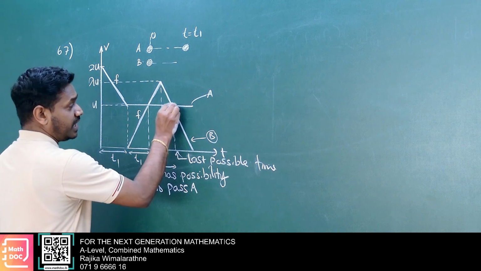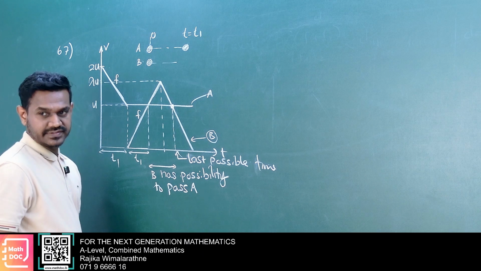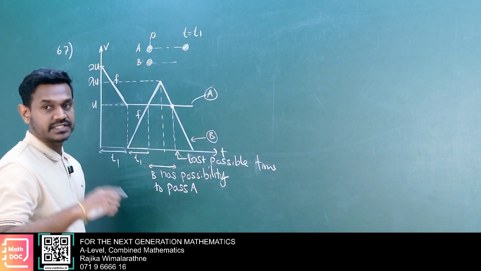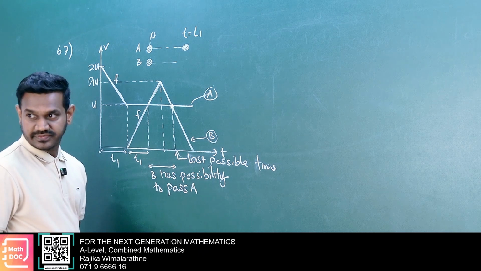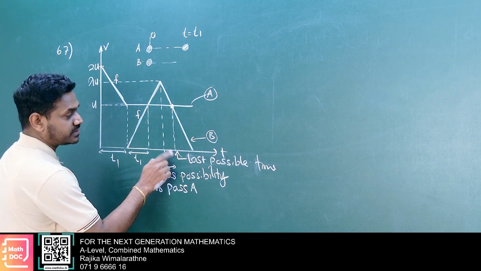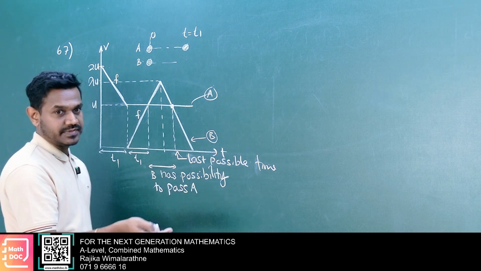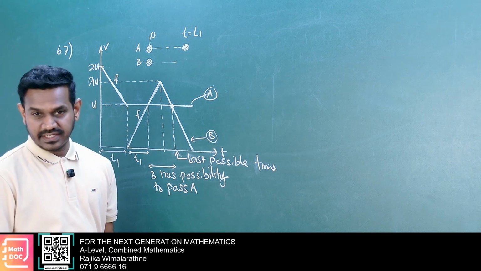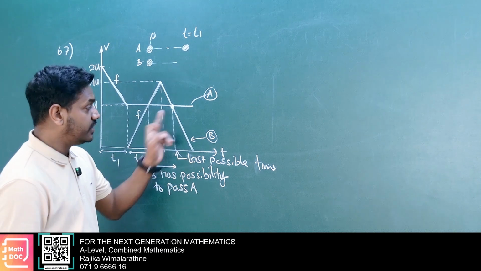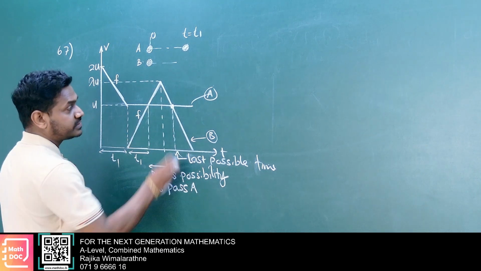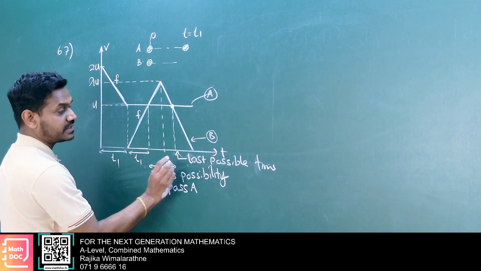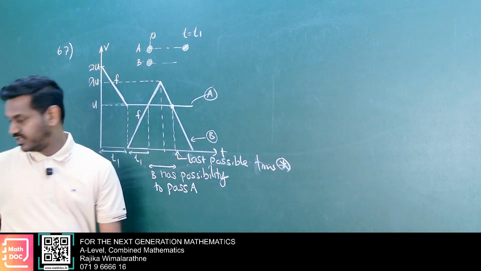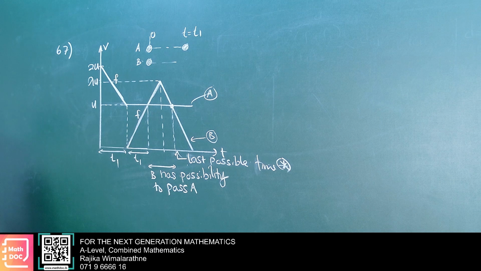So you have to think about the last possible time here. Otherwise we can't say. Now if B cannot pass A, then the displacement of B must be less than the displacement of A. So you take this last possible time, then consider the displacement of B and of A. Don't consider the full graph, you have to stop here. That is the important thing. Okay, now continue.